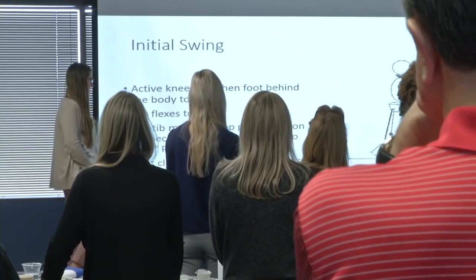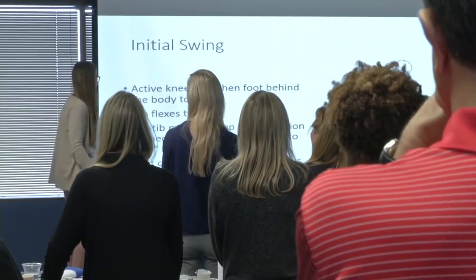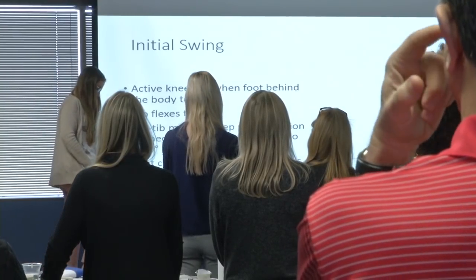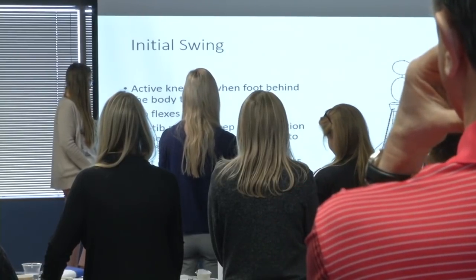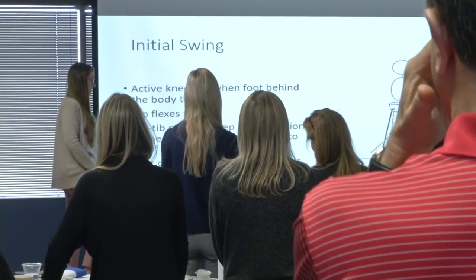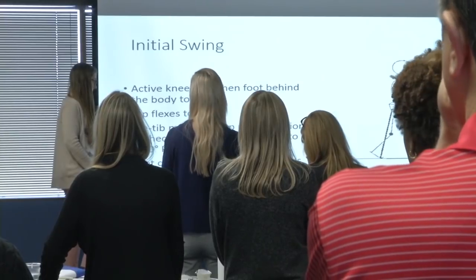The foot's going to begin to clear the floor. And sorry, I'm making you balance a lot, Lauren. But the ankle is going to remain in a slightly plantar flexed position still. The anterior tibial muscles are on to help relatively dorsiflex the ankle, but we have not yet achieved a neutral ankle position. The maximum knee flexion that's achieved in the gait cycle is achieved during this phase.